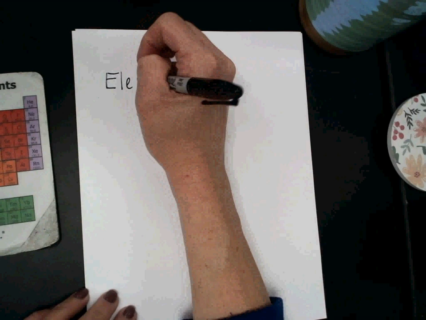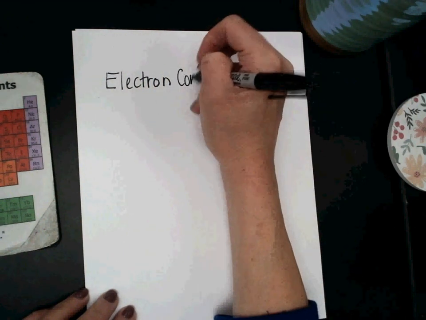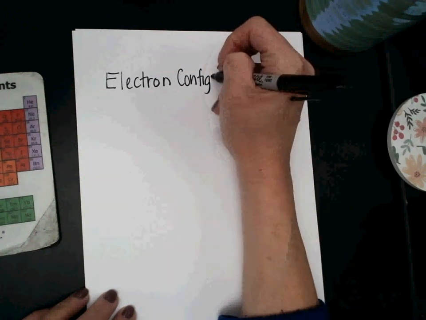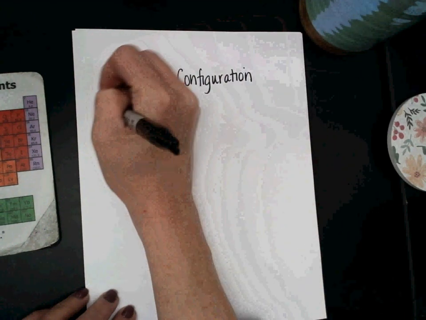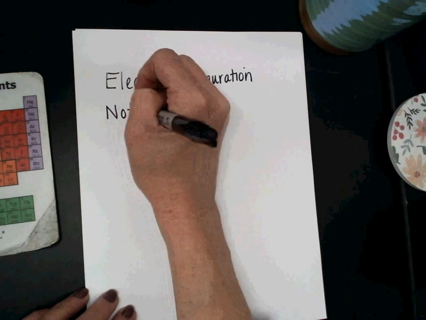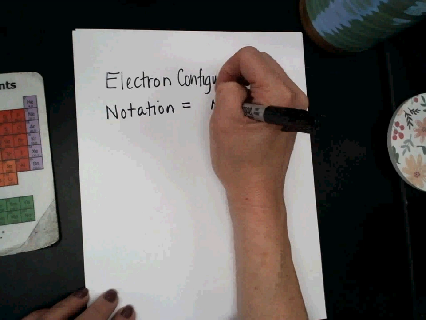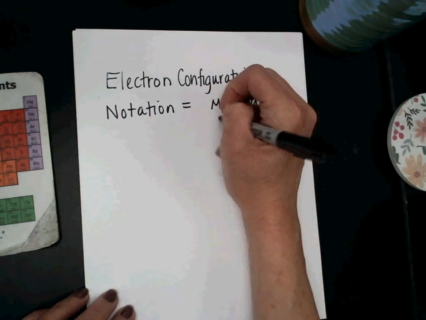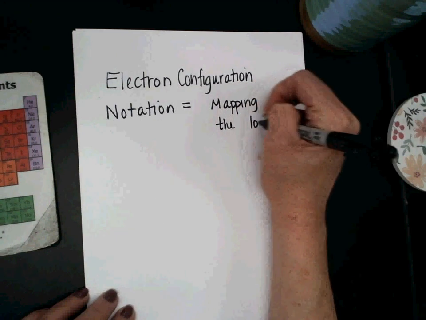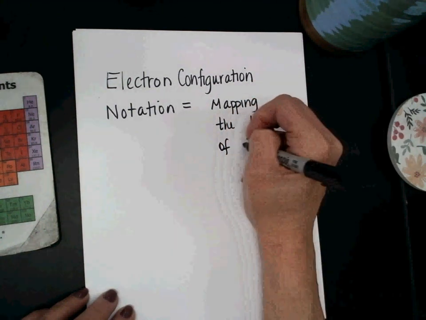in your notes, electron configuration notation. It's a long name really for mapping the location of electrons.